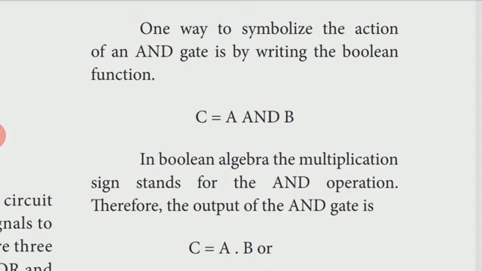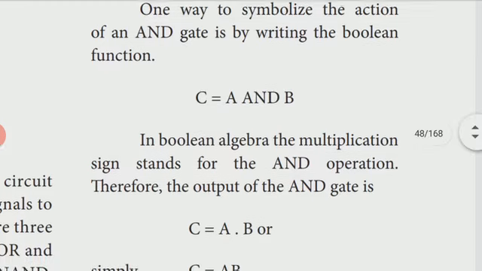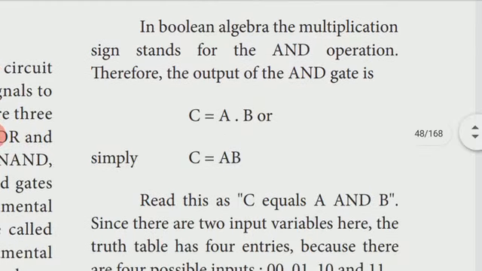The output of the gate is C equal to A dot B, which they write simply as C equal to AB. You have to read it as C equal to A and B. So, that dot denotes AND.